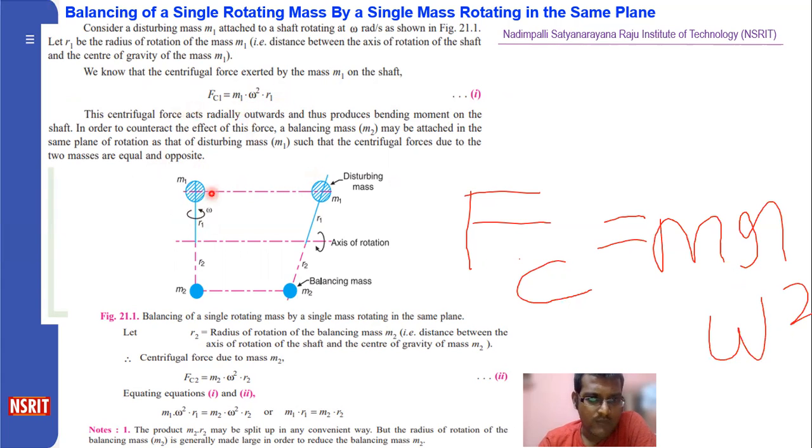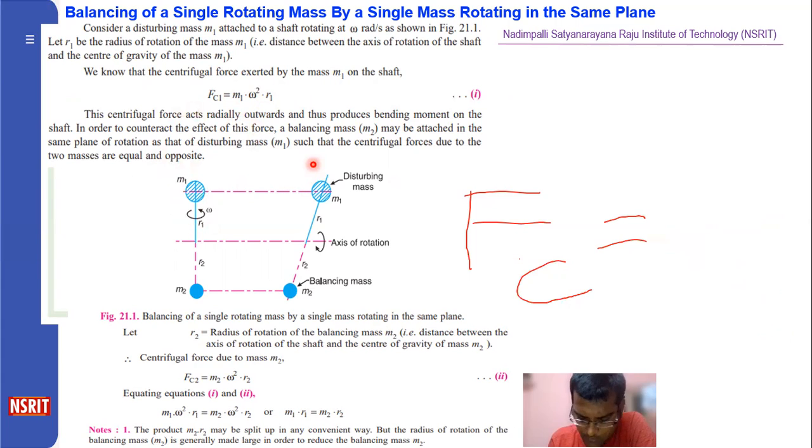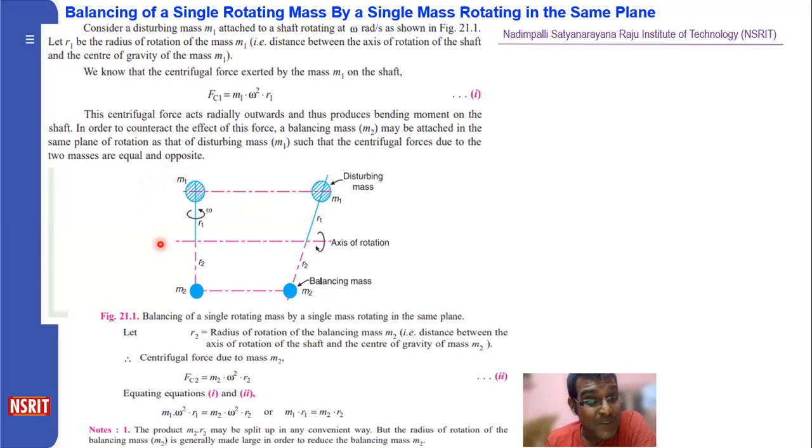This is the first one, Fc1 equals m1 r1 omega square. The centrifugal force for this mass acts radially outwards, thus producing a bending moment on the shaft.